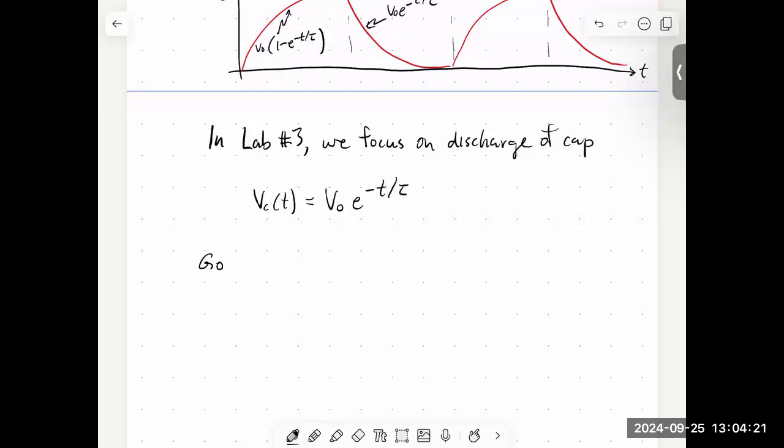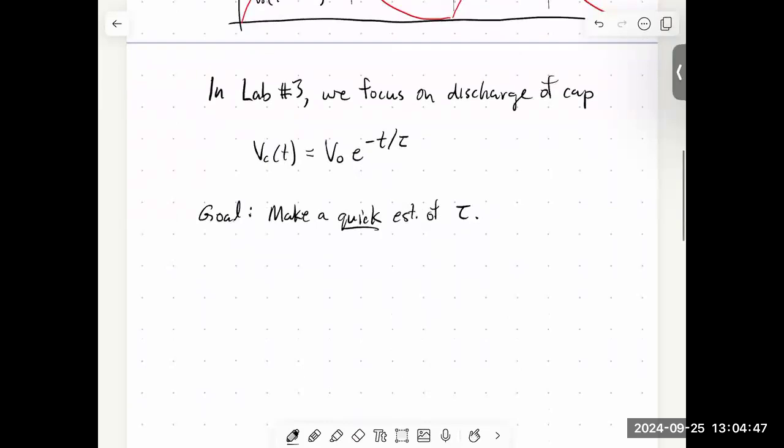And so the goal of this first measurement is to make a quick estimate of tau.